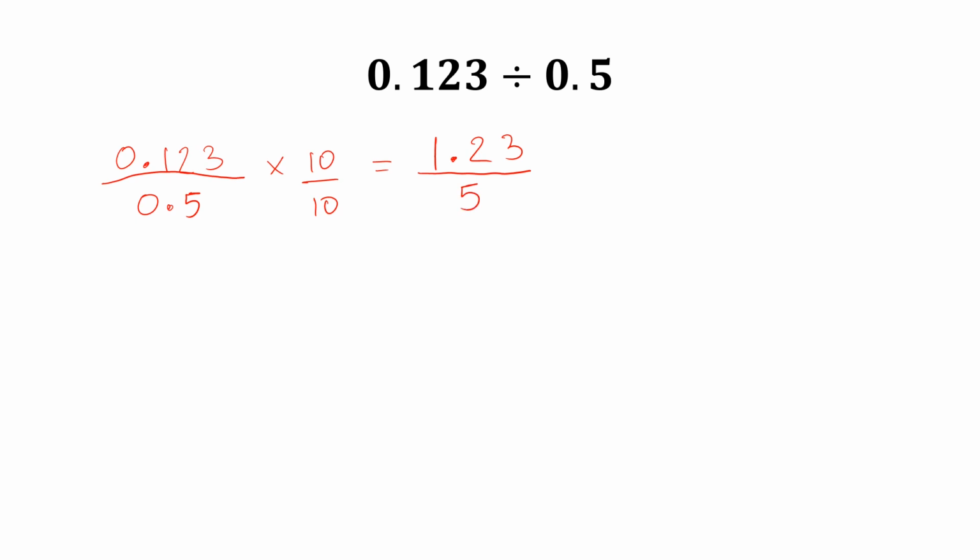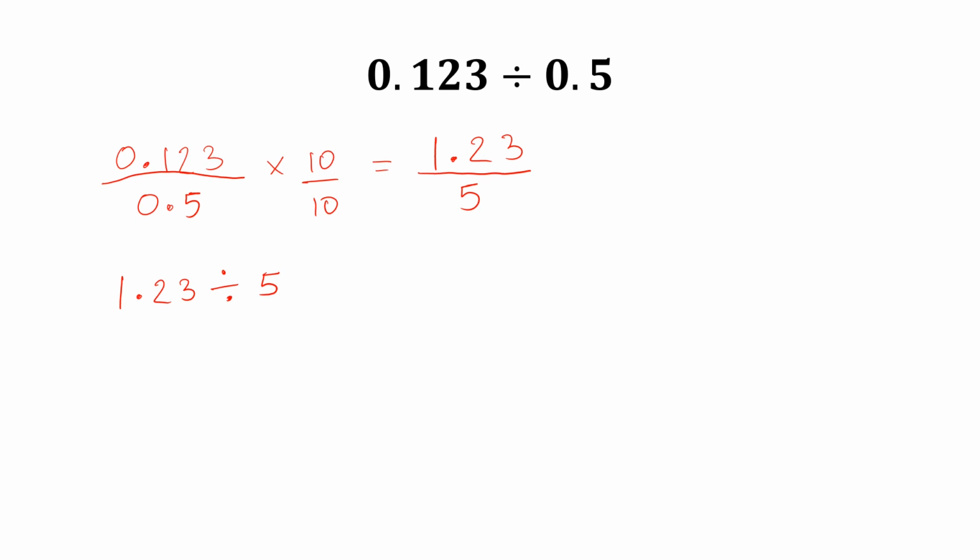Now, this is where we can rewrite this equivalent fraction back to a division problem. As a division problem, it will be 1.23 divided by 5. So the important thing here to note is that whenever you're dividing decimals, you need to ensure that the divisor is a whole number, and then you can proceed.